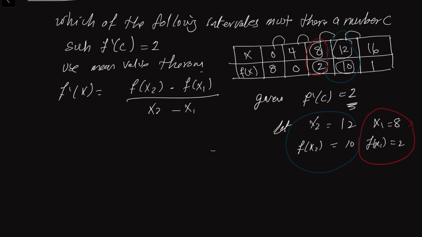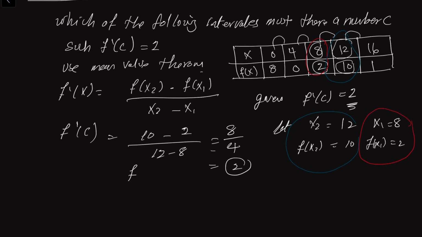So we say f dash of c is equal. So what's f of x2? 10. What's f of x1? 2. Over. What's x2? It's 12 minus 8. So 10 minus 2, that's 8 over 4, which is equal 2. And that's the value, which is a given value for f dash of c.